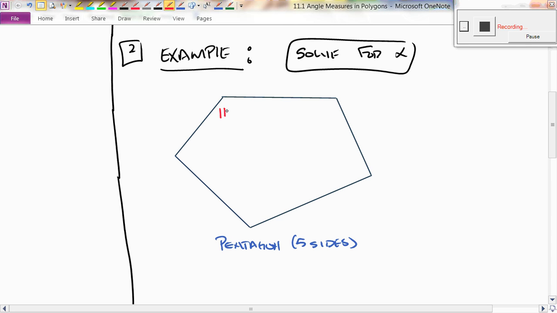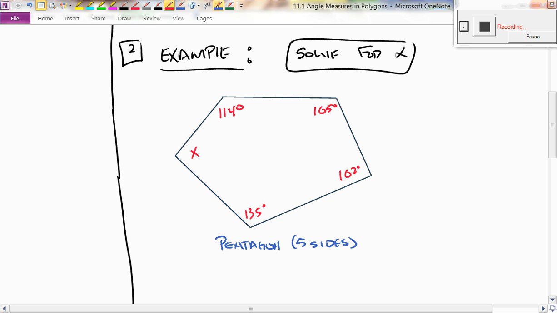We know this is 114 degrees. We know this is 105 degrees. We know this is 102 degrees. This one is 135 degrees, and then x degrees. It's going to want us to solve for x.